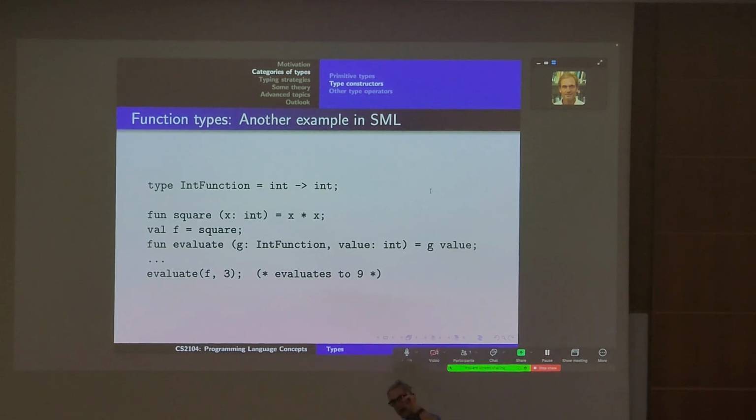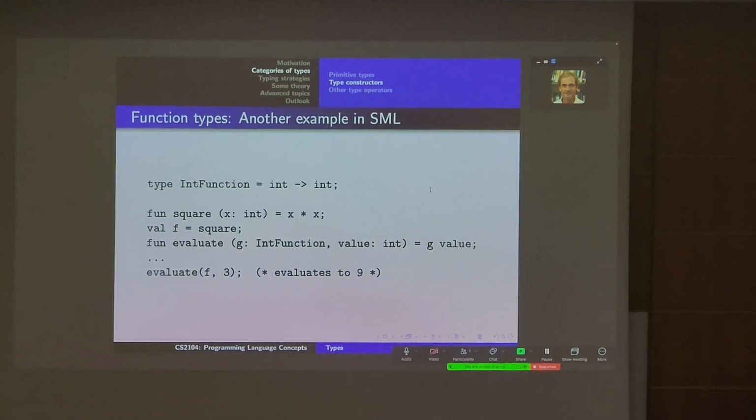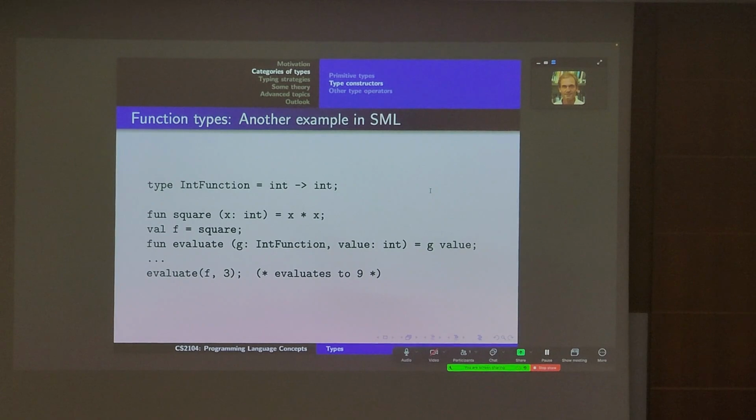Our type checker can then look up this int function and finds out that it's actually the type of int to int. So G has the type of int to int, value has a type int, G applied to value can be type checked because we have a type environment in which G has a type, namely from int to int, and value has a type, namely int.